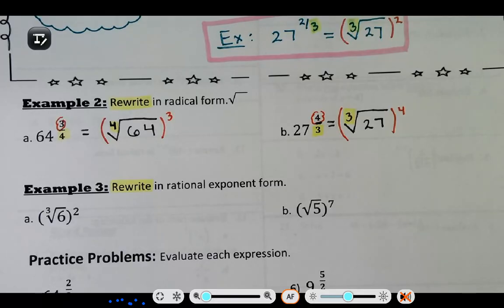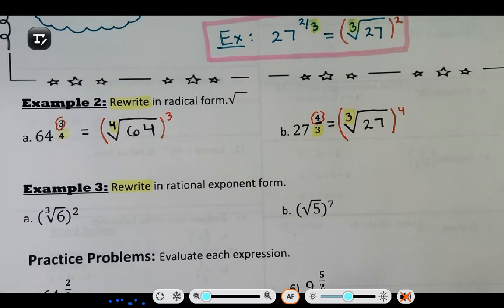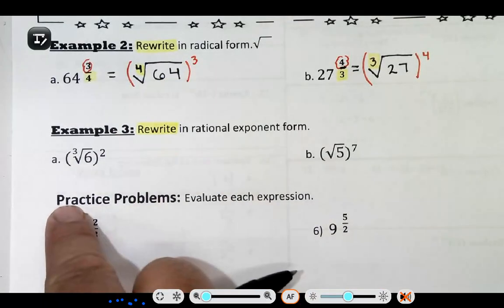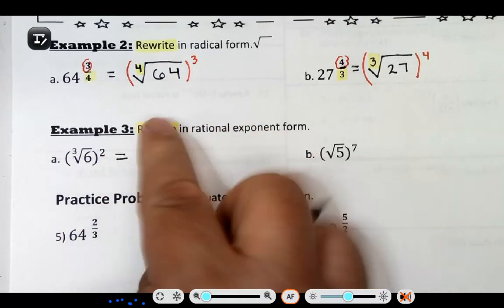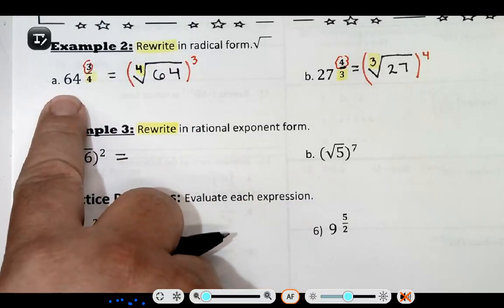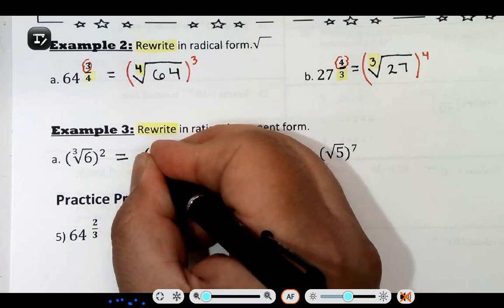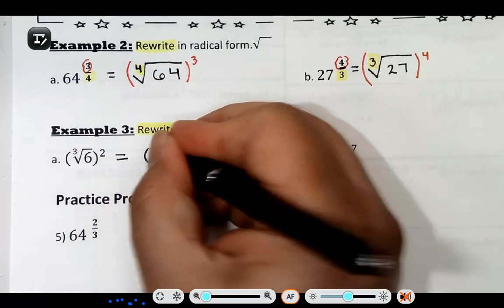So that brings us to number 3. Again, they said rewrite. They don't want you to do any math. You are just rewriting. But when you look at these, you say, wait a minute, they already have the radical. Well, if they want you to rewrite it, the only thing you can do is turn it back into this. So we're going backwards now. My base is 6, so there's my 6. But remember, when you see a radical, that means it's a fraction.